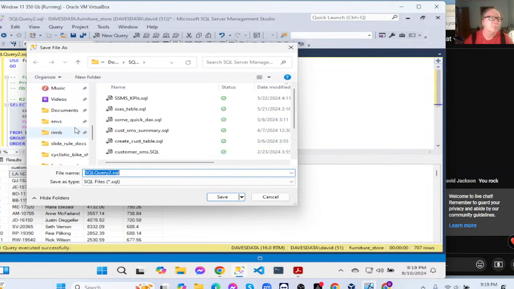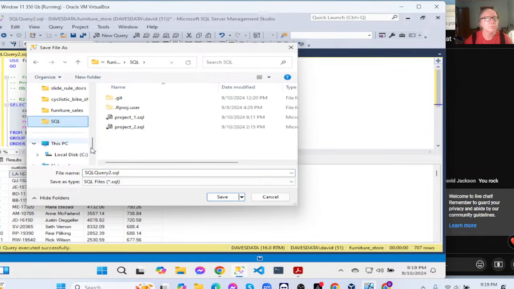What's this up here? Solution Explorer, that's interesting. What the heck is that? Huh. Don't know what that is. So let's save this.